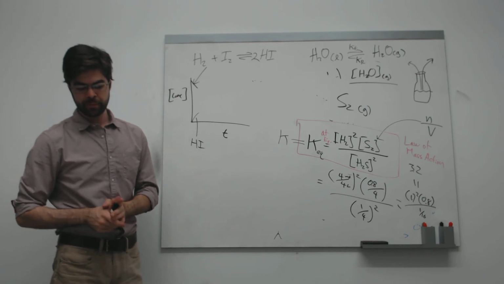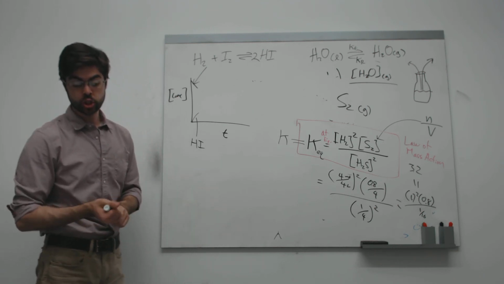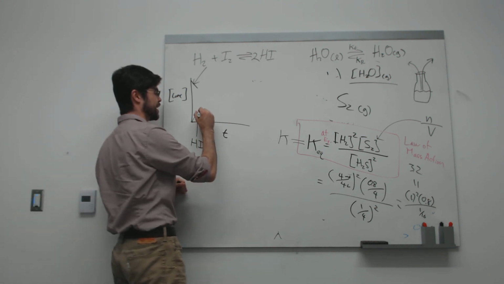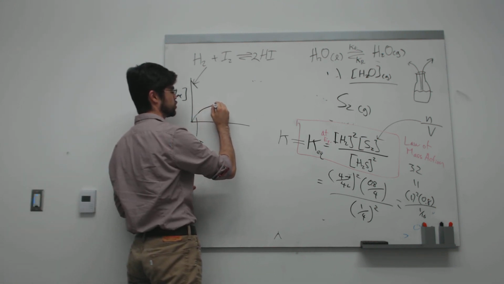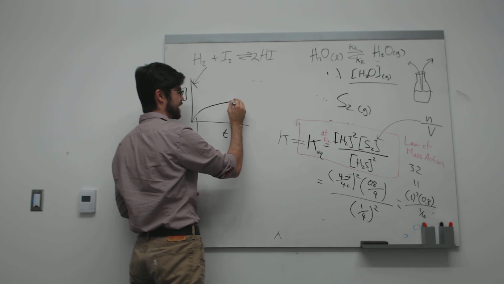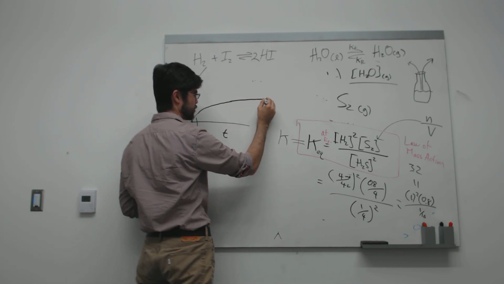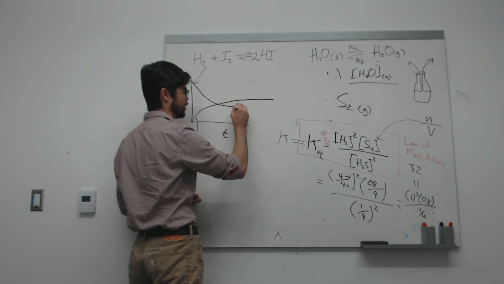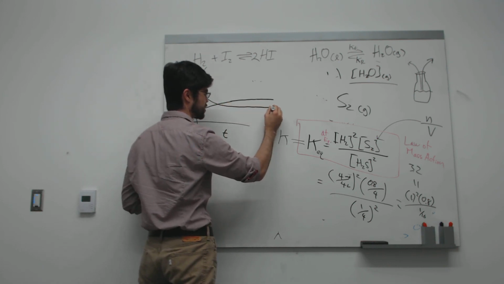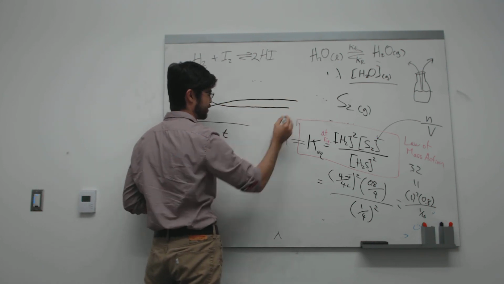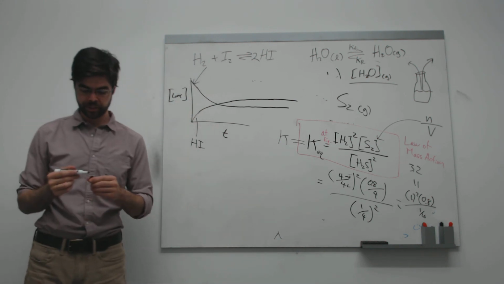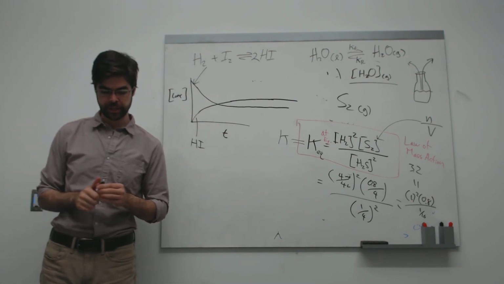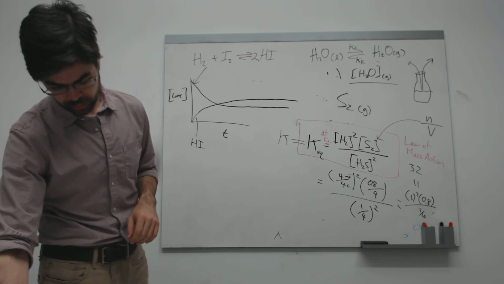But then over time, when the reverse reaction starts to speed up, the concentration starts to level out. It's not just an exponential decay where it goes on forever, and this one is also not an exponential decay where it goes on forever. Eventually, they both flatten out, and their concentration stops changing, and that's when it reaches equilibrium.